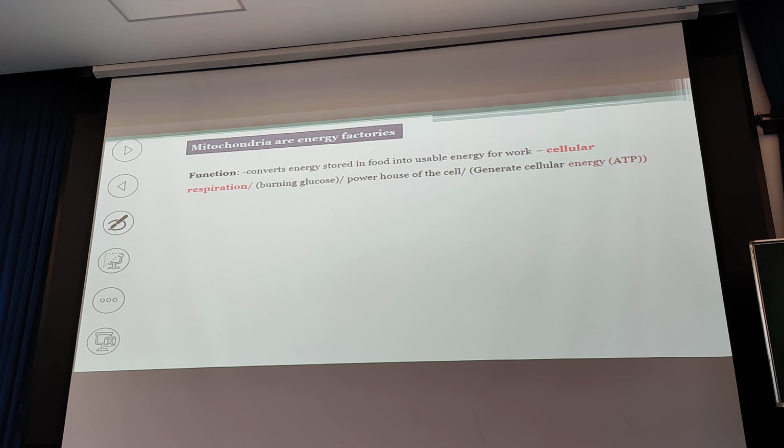So in the previous lessons, when I talked about the energy source of the cells, I talked about glucose. You know that glucose can be broken down into smaller molecules, and in each step, when we break down this glucose, it will release energy in the form of ATP. So we can use the ATP inside cells.